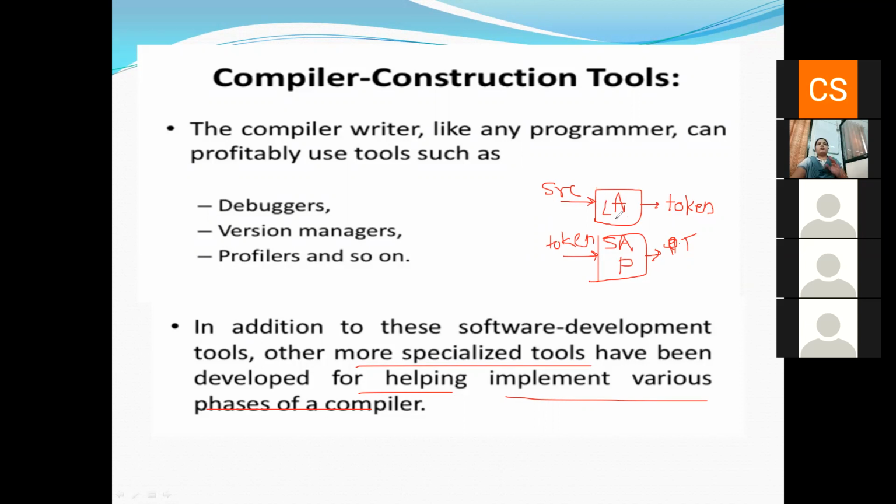In short, these tools are nothing but small parts of the project. The first tool acts as a lexical analyzer, the second acts as a parser. Ultimately, these small parts will help me implement the compiler, right? That is the basic idea behind compiler construction tools.